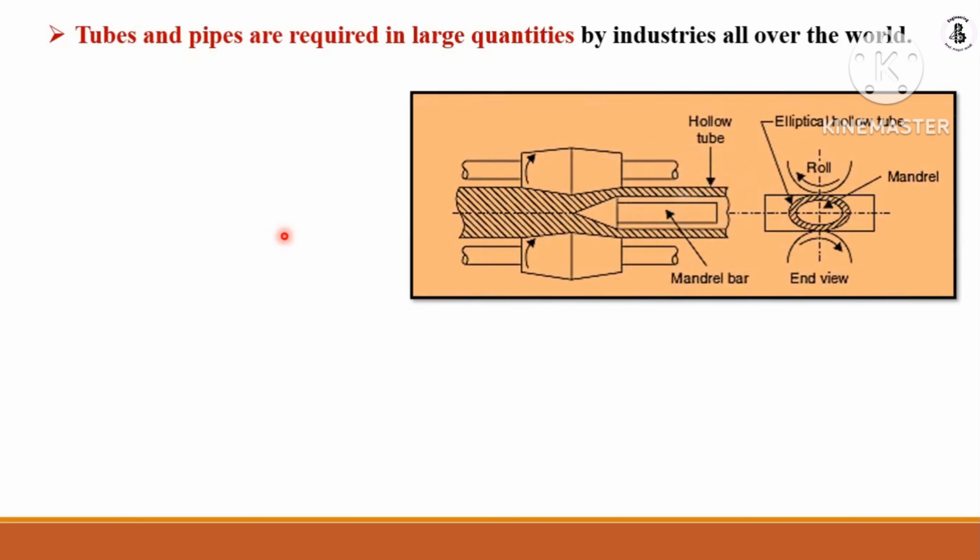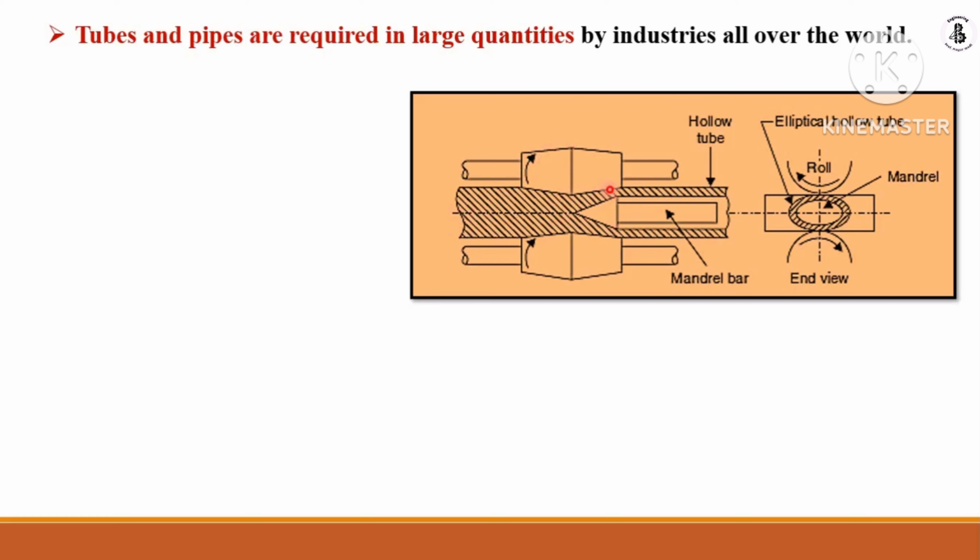Just you can see the arrangement of the tube manufacturing. Here, rolls are used from the upper side as well as from the lower side, and in between these two rollers it will be continuously rolling, and the raw material is passed from the left side to the right side.